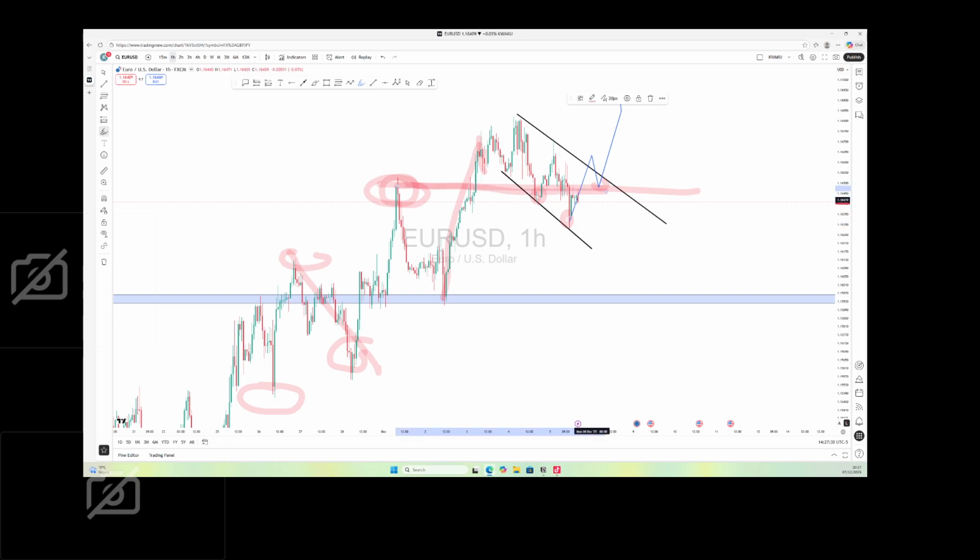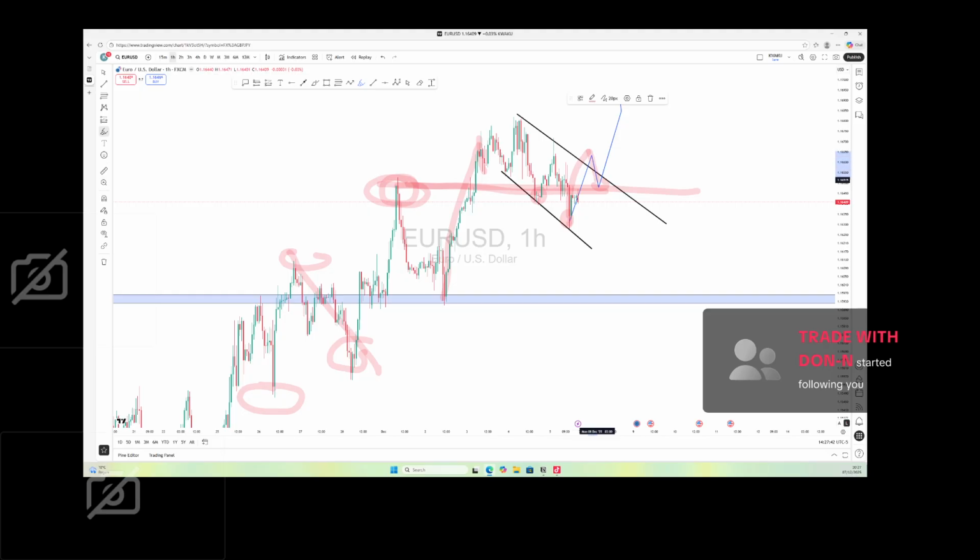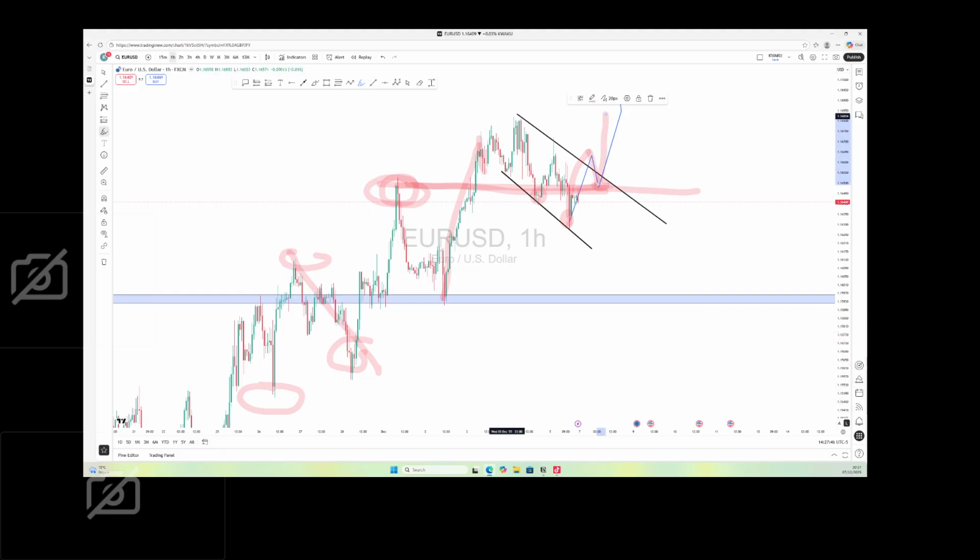So the key here is that if sellers are going to present themselves, as I've already explained, that is what I'm expecting. If not, that means there will be more buy pressure up to this level, pull back here, fail to break below again, and opportunity to the upside will be more profitable.